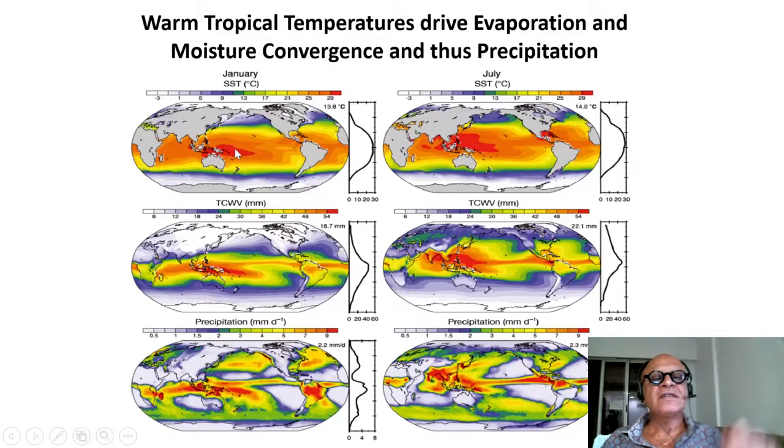You can see that when the sun is to the south in the boreal winter, the warmest temperatures in the tropics are also shifted to the south, and they shift to the north and look much more distributed in the boreal summer because again of this asymmetry in the land and the heat contents and the associated dynamics.